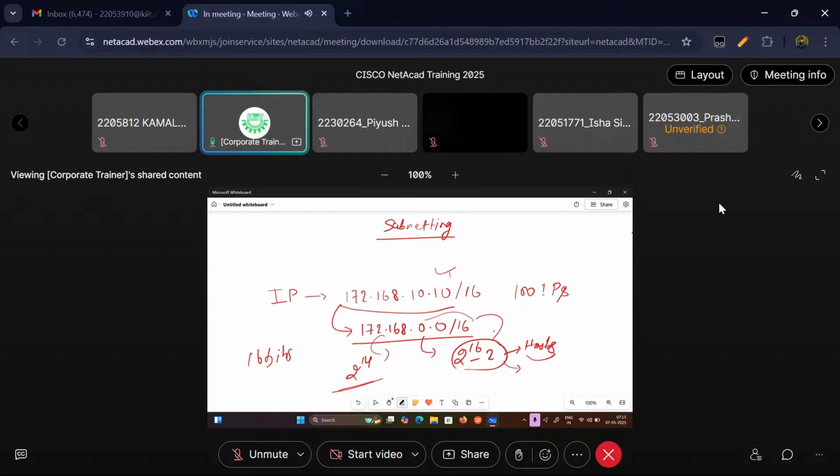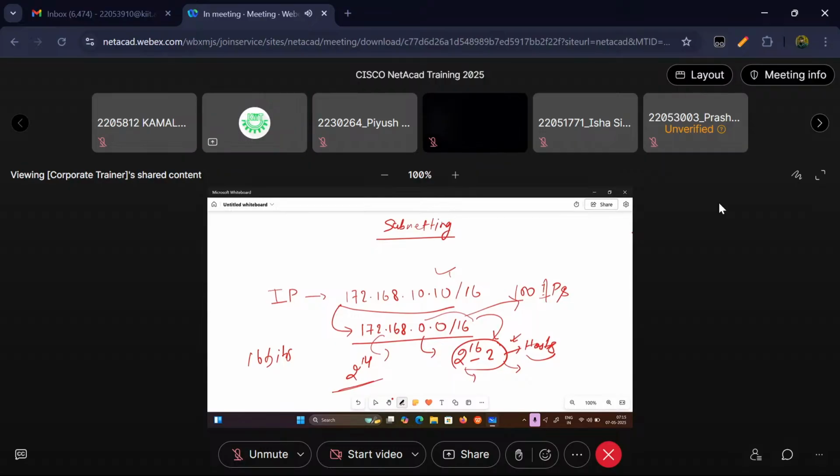You can configure that many IPs from this network, but you required only 100. If you use this network, how many IPs will be wasted? So many IPs will be wasted.